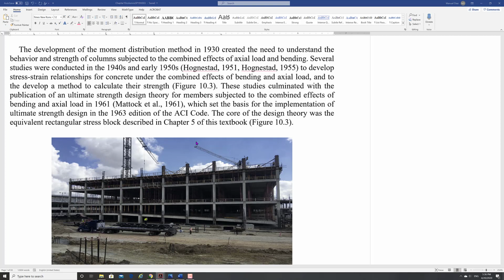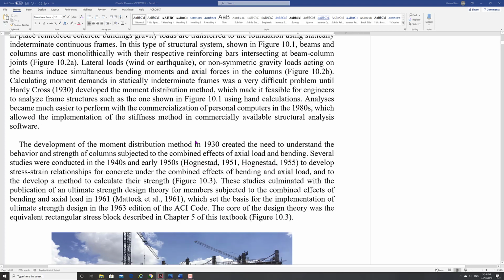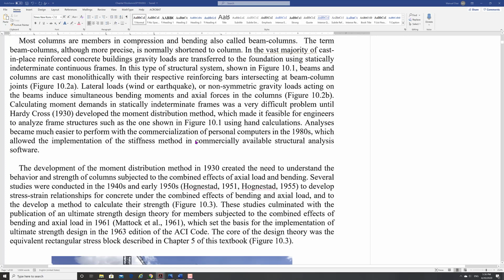And because of that continuity, you definitely develop negative moments at the connections. And so you're going to have that, and the frames are indeterminate, okay? And the fact that they're indeterminate makes the analysis a bit more complex, right?